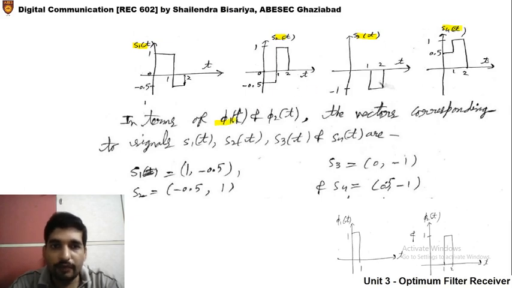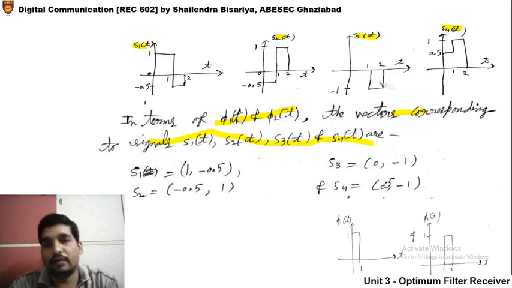In terms of phi 1 and phi 2, let us see the vectors corresponding to them. phi 1(t) is 1 from 0 to 1, and S1(t) has the same value as phi 1(t), so we write S1 along phi 1 simply as 1.